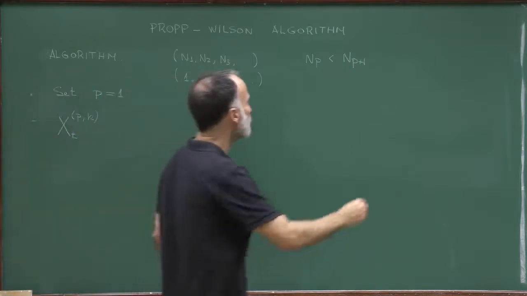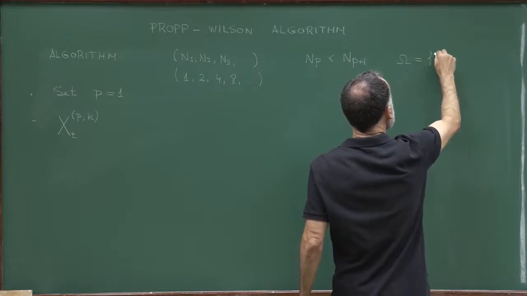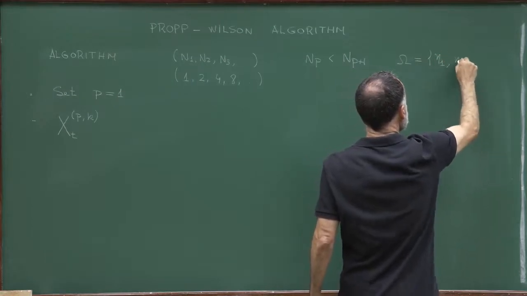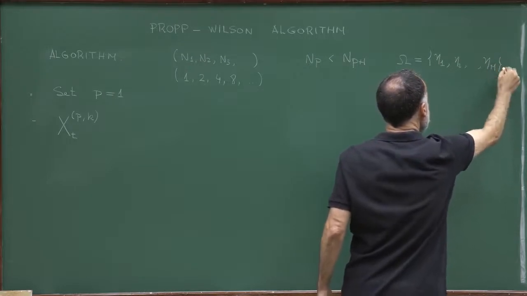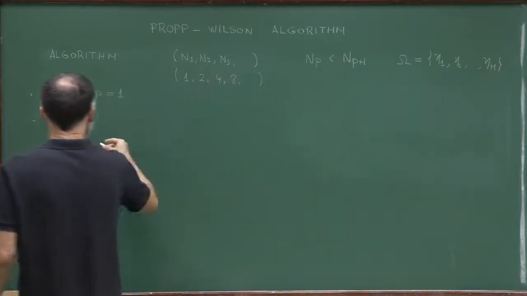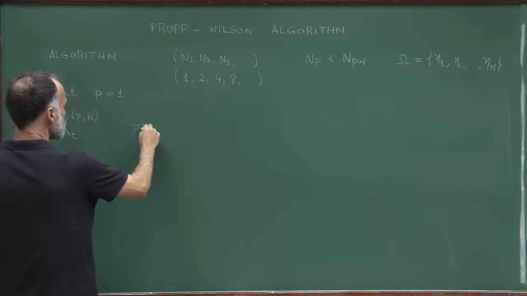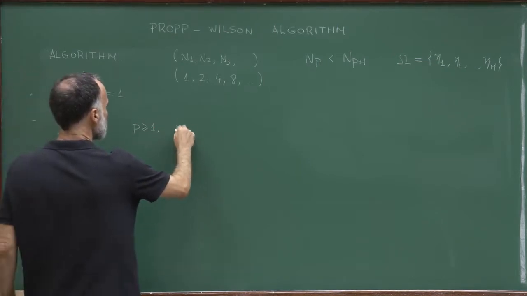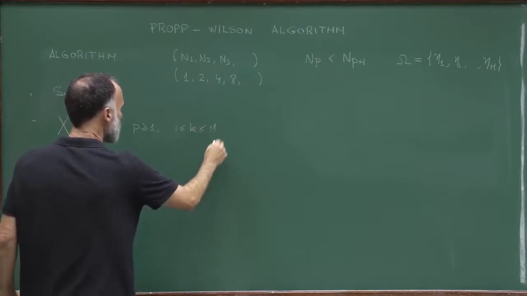Remember, we enumerate the elements of Omega: Omega is η1, η2, up to η_m. So p is at least 1, and k runs from 1 up to m.